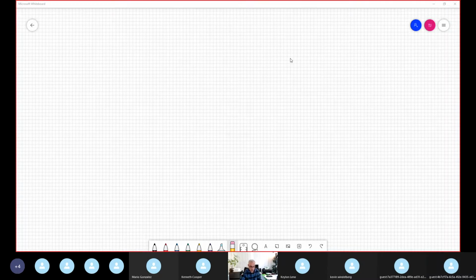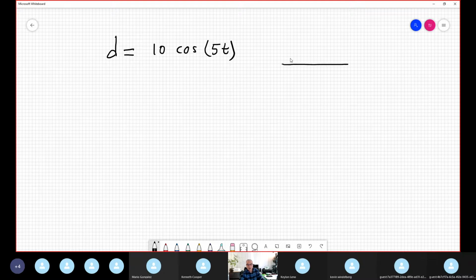Suppose that in the test this situation is given. Displacement D is 10 cosine phi t. Maybe it's positive cosine or maybe negative cosine, depending on the initial condition. So this is the equilibrium position for the spring.